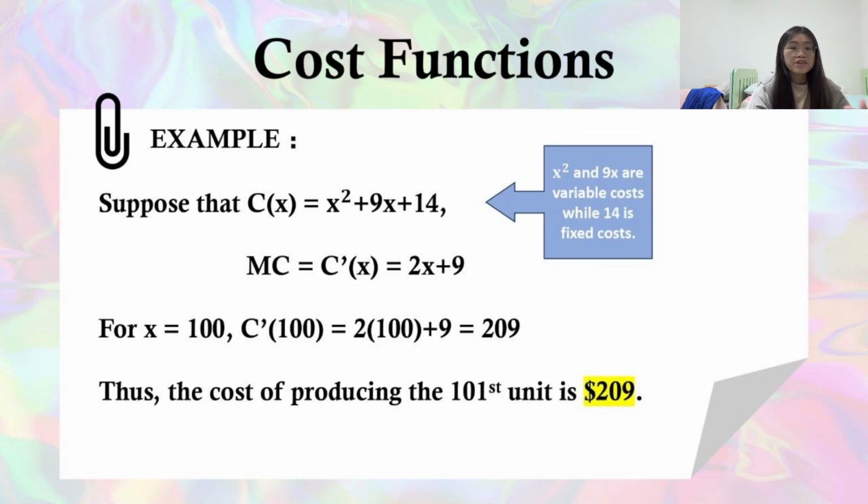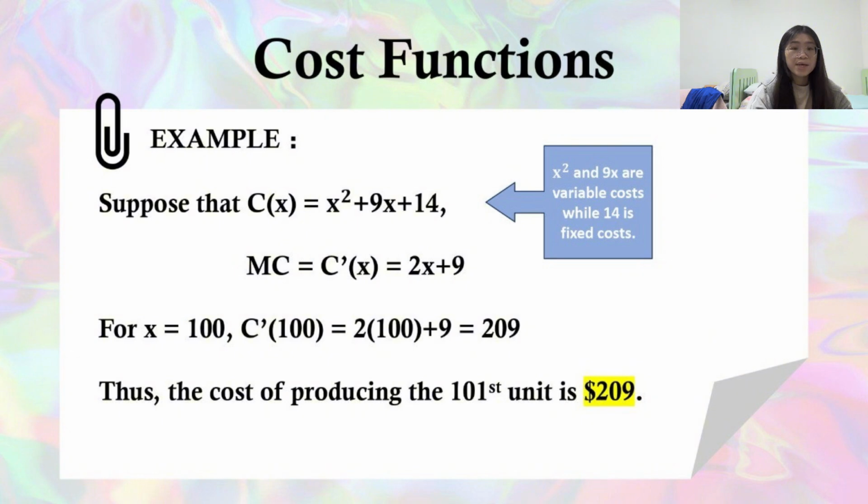So we need to differentiate the cost function equation, and we will get 2x plus 9 for the first derivative of the cost function, which is also called marginal cost. If we want to calculate for x equal to 100, we need to substitute x equal to 100 into the first derivative of the cost function equation, and we will get 209 for the answer.